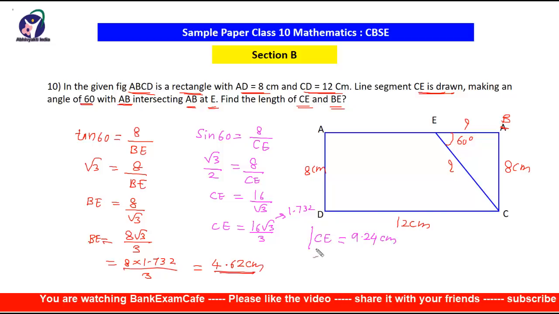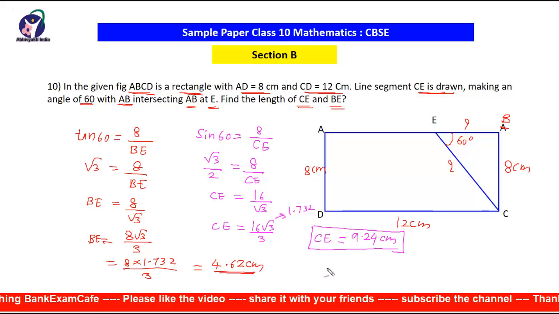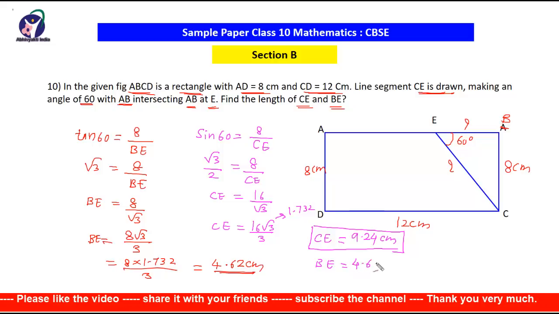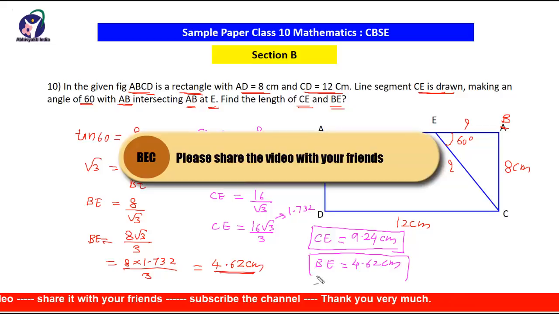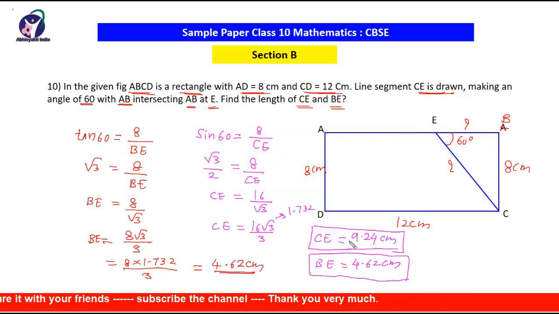And therefore CE we get as 9.24 centimeter, and we get BE, that is equal to 4.62 centimeter. Highlight these two answers, and therefore we get the required lengths of BE and CE.